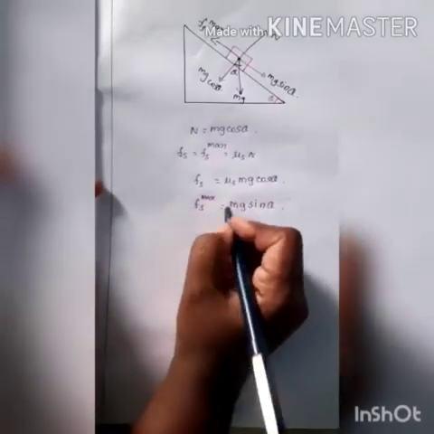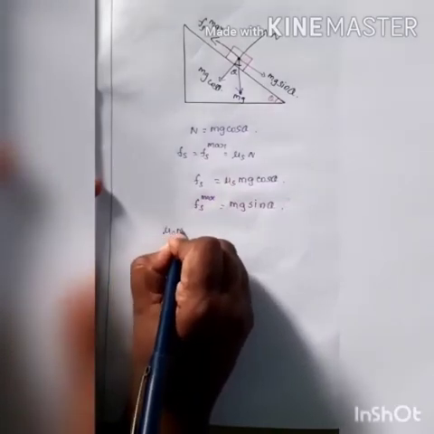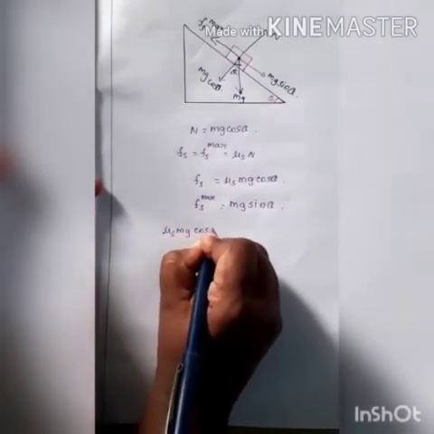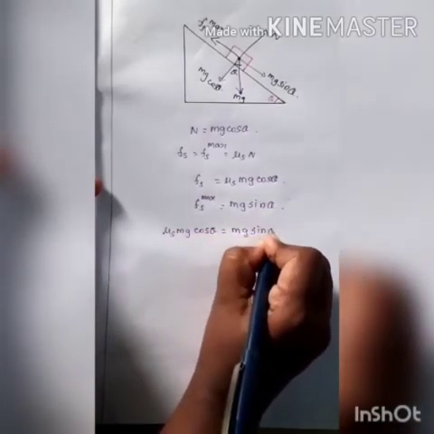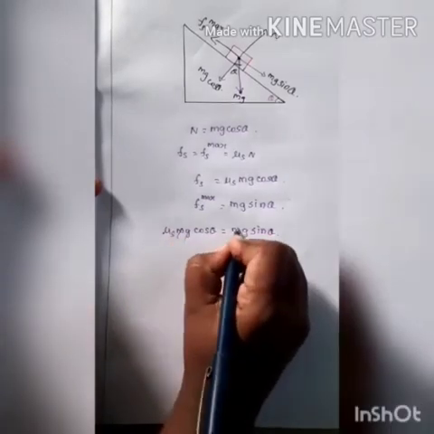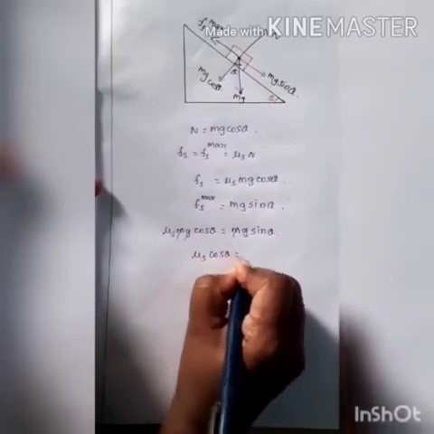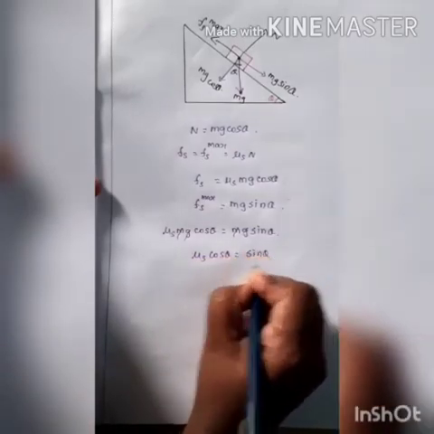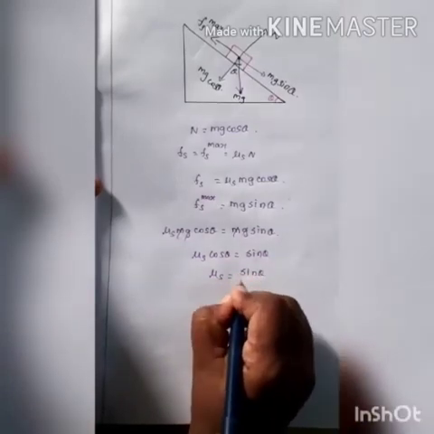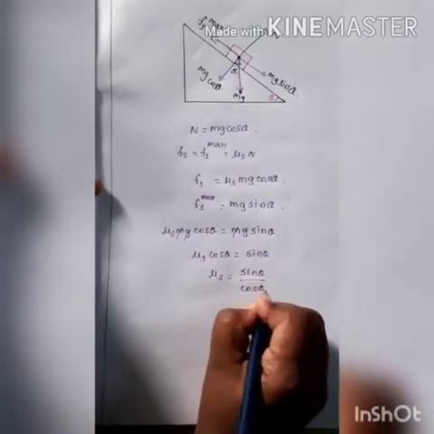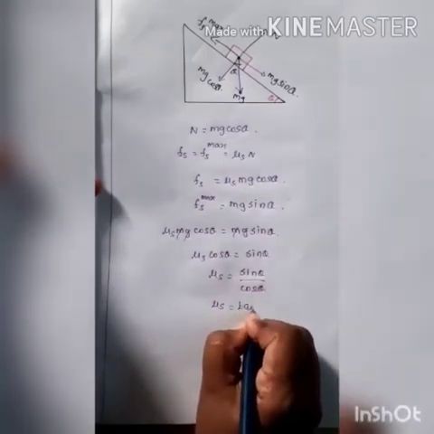Comparing the above two equations, mu_s mg cos theta is equal to mg sin theta. mg cancels, so mu_s cos theta is equal to sin theta. Therefore, mu_s is equal to sin theta by cos theta. Mu_s is equal to tan theta.